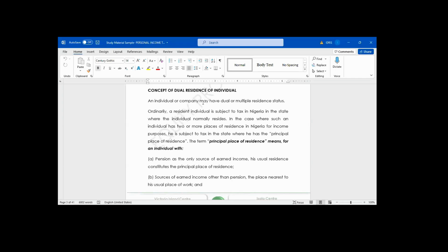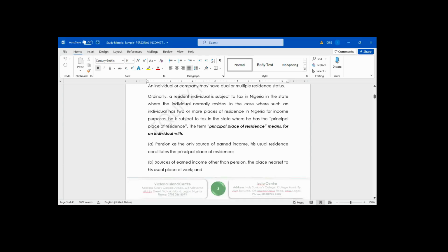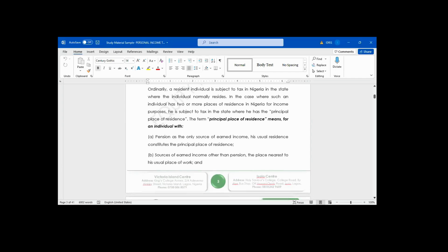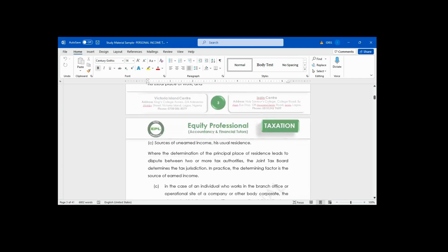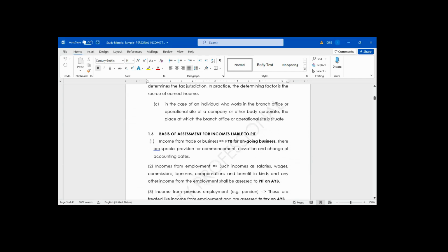But if you are an employee, you receive employment income, and you have two places of residence, you are a dual resident, your principal place of residence will be the place that is nearest to your place of work. So that is how we determine principal place of residence.